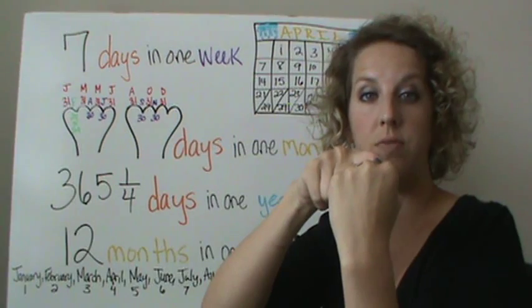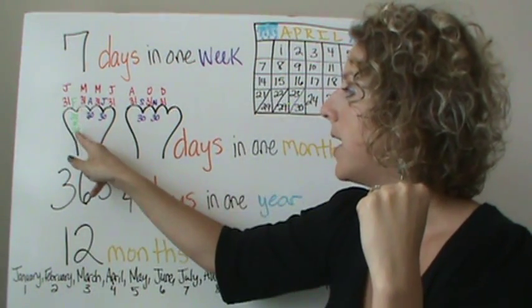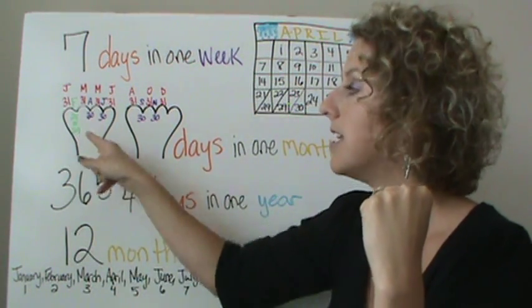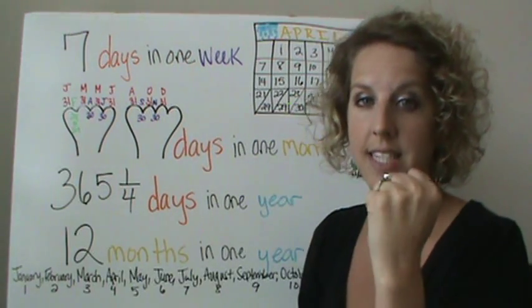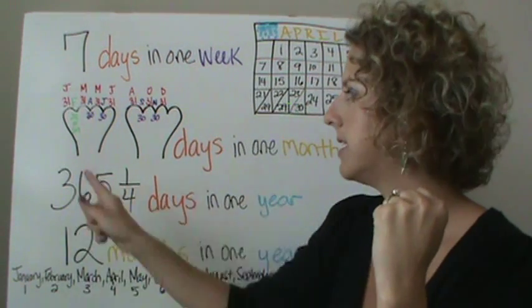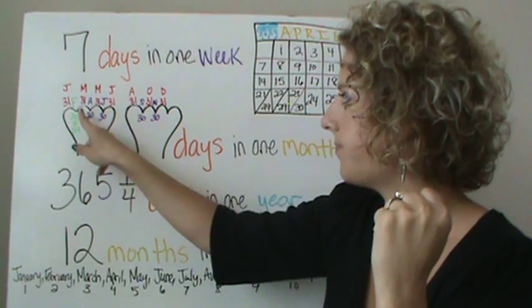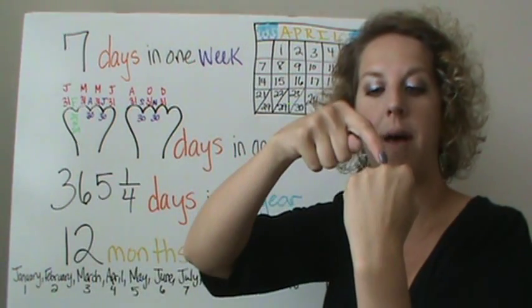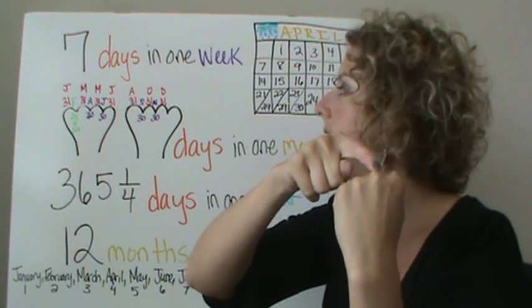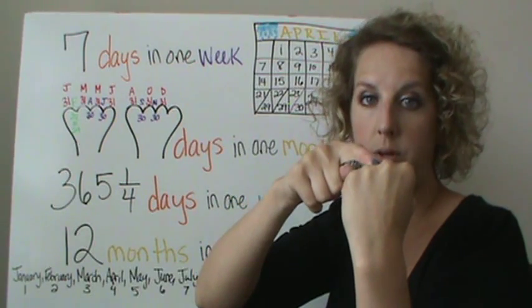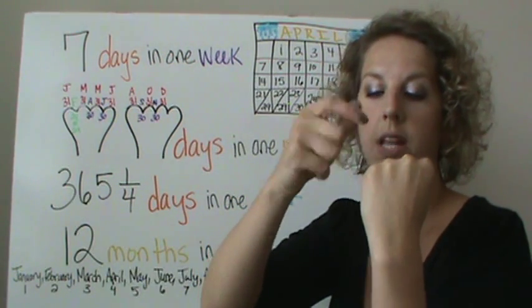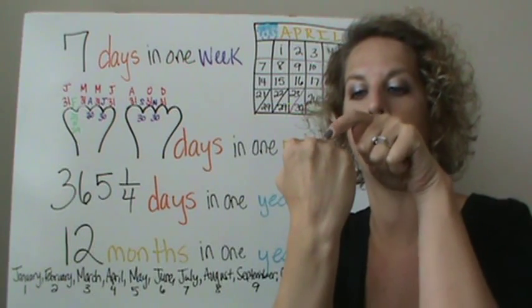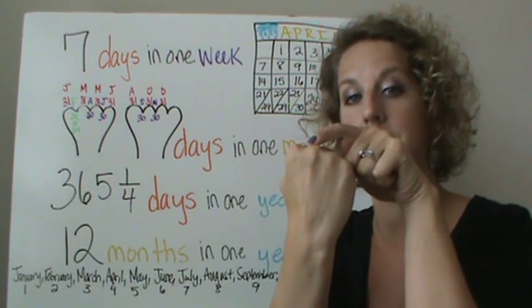Then if you go down to a valley, February has usually 28 days, sometimes 29 days if it's a leap year. And then you have a mountain, March, 31. And then April, May, June, July, August, September, October, November, December.